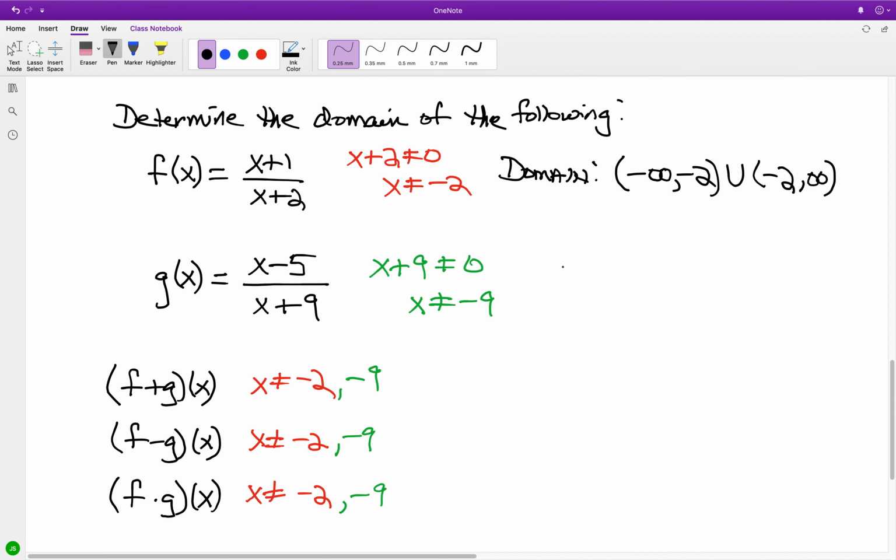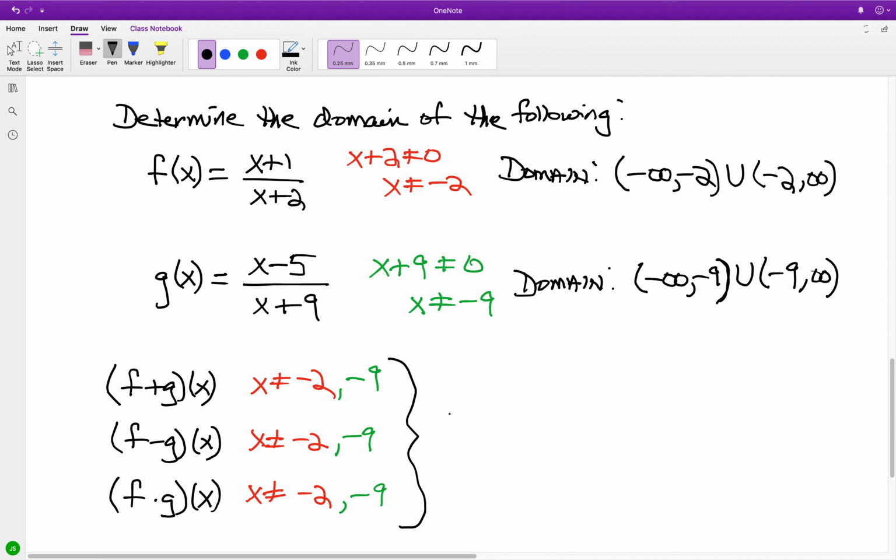And for g of x, if I express the domain in interval notation, again I'm using parentheses, indicating the omission of -9. Now in the case of the sum, difference, and product functions, all of these are going to have the exact same domain.